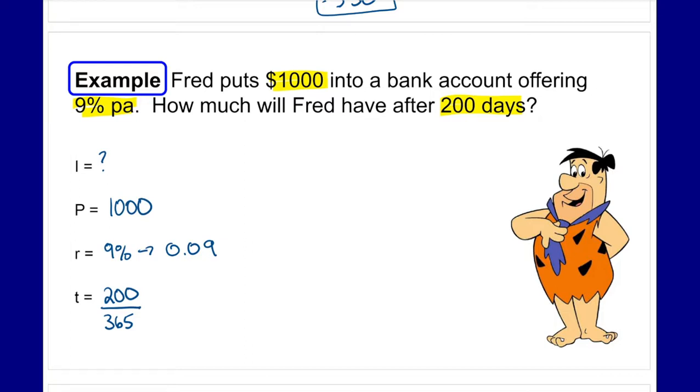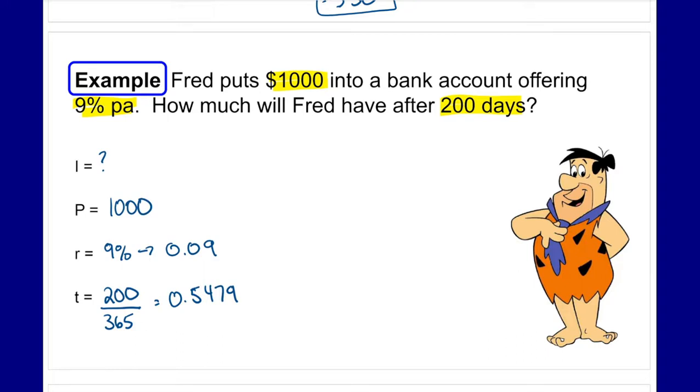So we can take 200, divide it by 365, and we end up with 0.5479. There's a few more decimal places, but that should be enough. So we have roughly 55% of a year, or 0.5479.